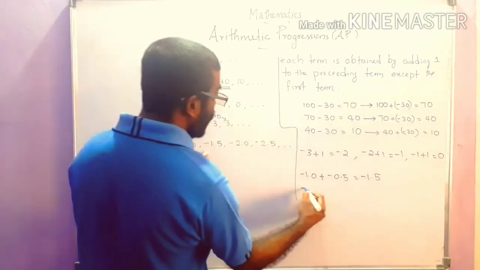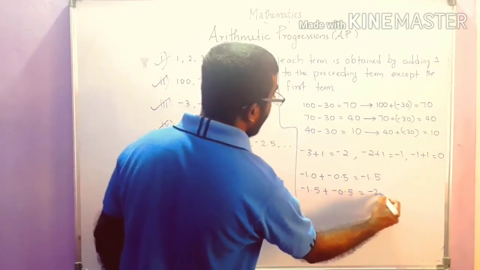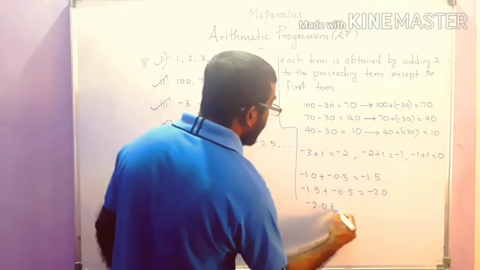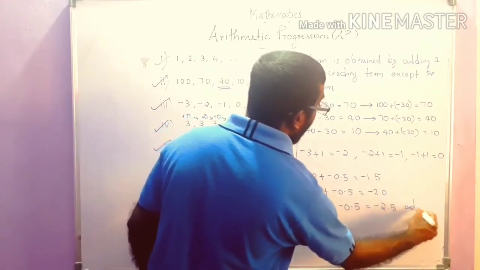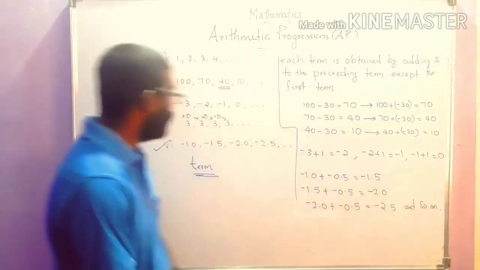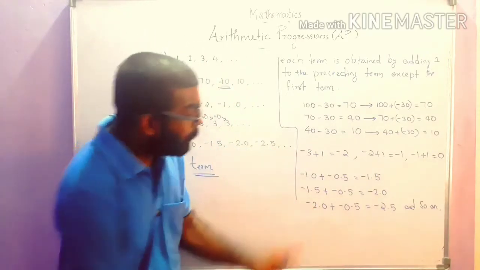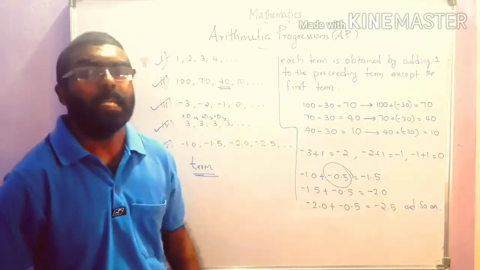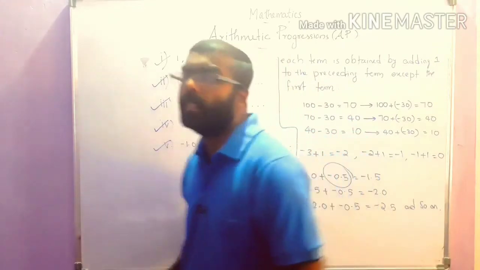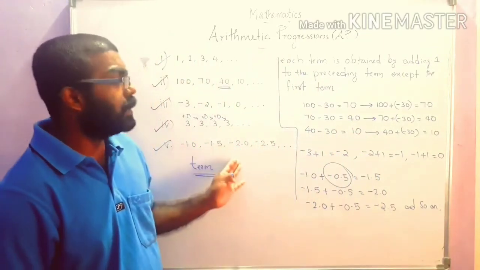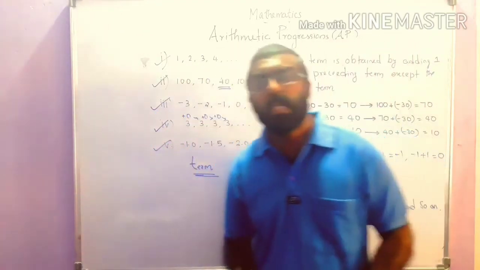Again the second term is -1.5, then plus -0.5 gives -2.0. -2.0 plus -0.5, we get -2.5, and so on. So here we conclude that the number -0.5 is added to the preceding term except the first term, in order to get the list of numbers.